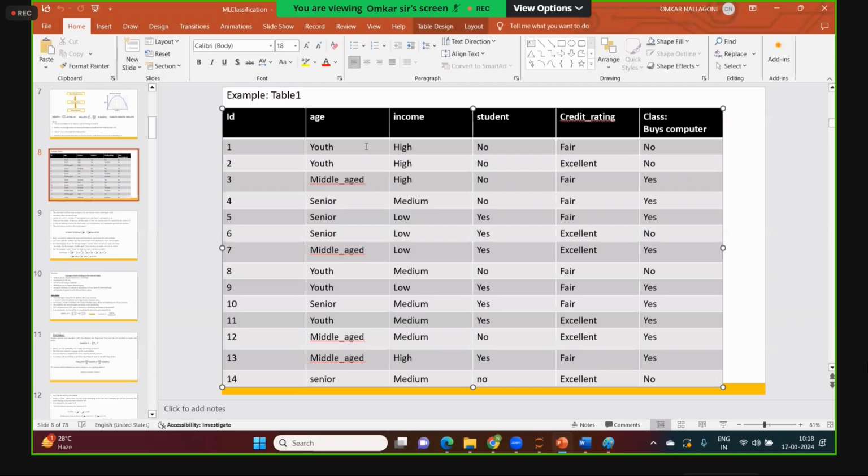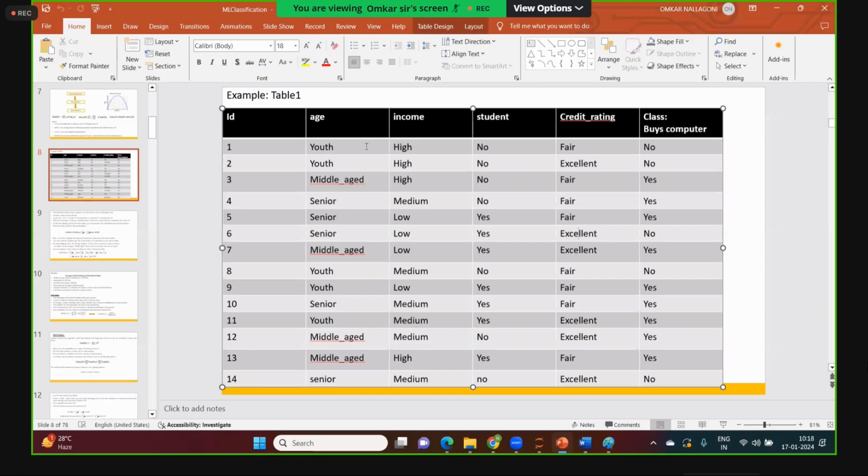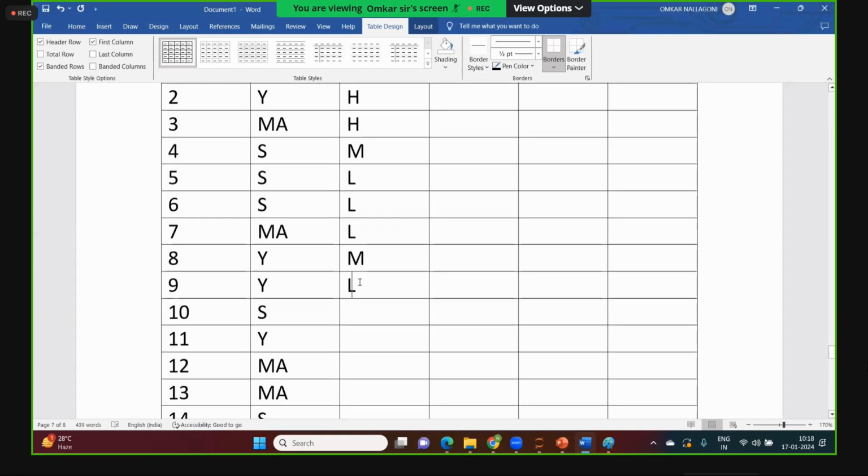Next, income: high, medium, low, and medium, and low, 3 medium, high, medium, low, medium, high, and medium.